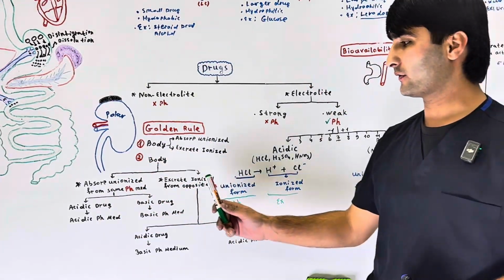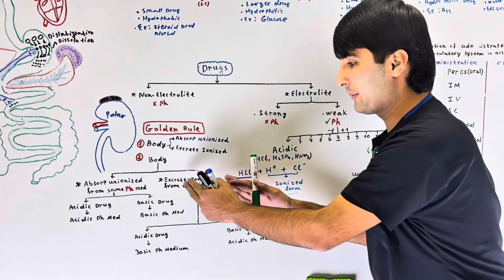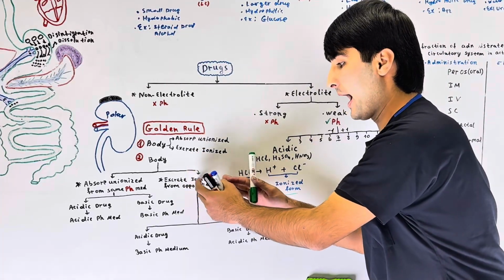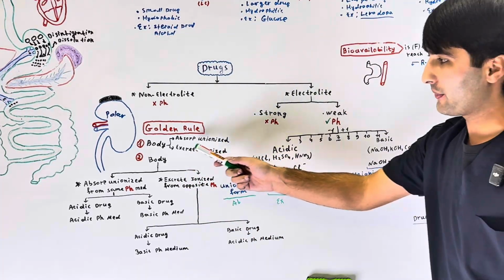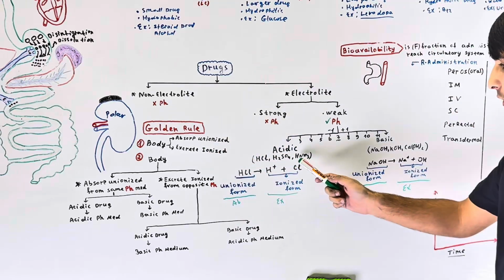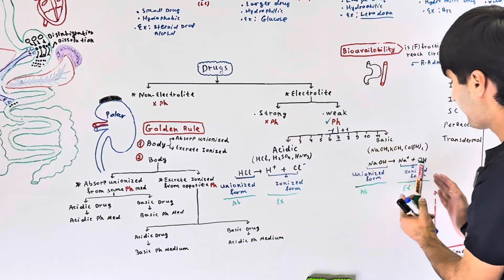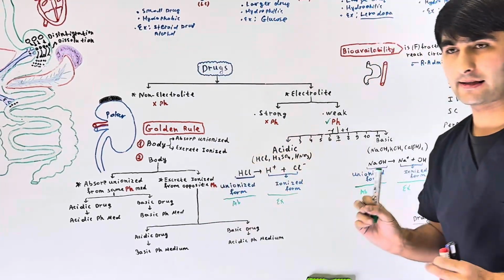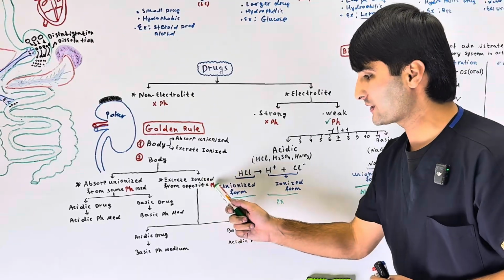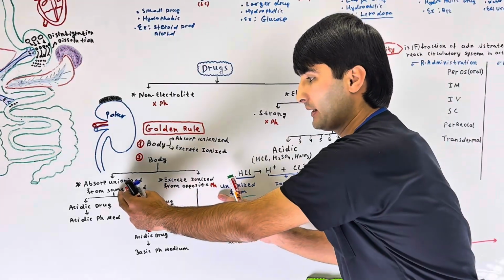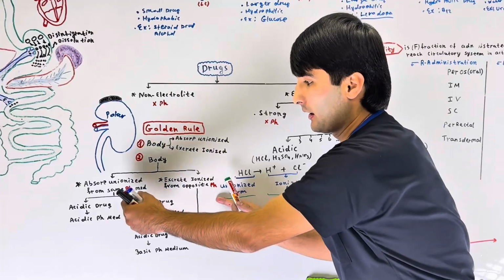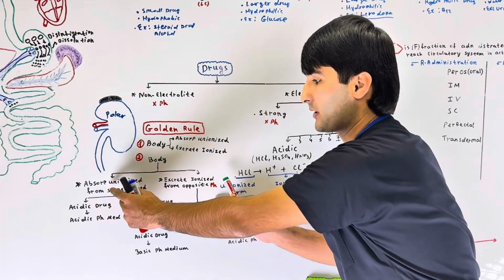The second part of the golden rule is about excretion. Here we said the body always excretes the ionized form. But the body excretes the ionized form from the opposite pH medium. Here it is vice versa, opposite to the absorption process.